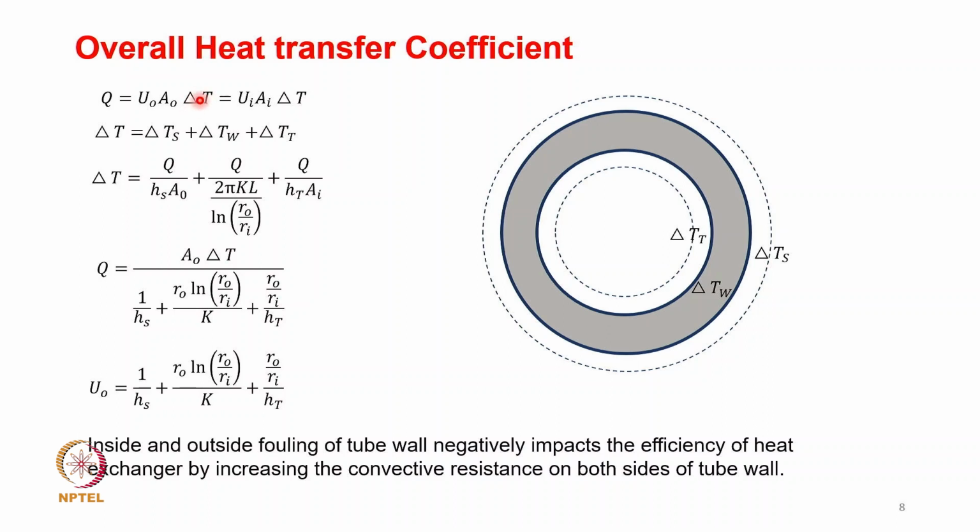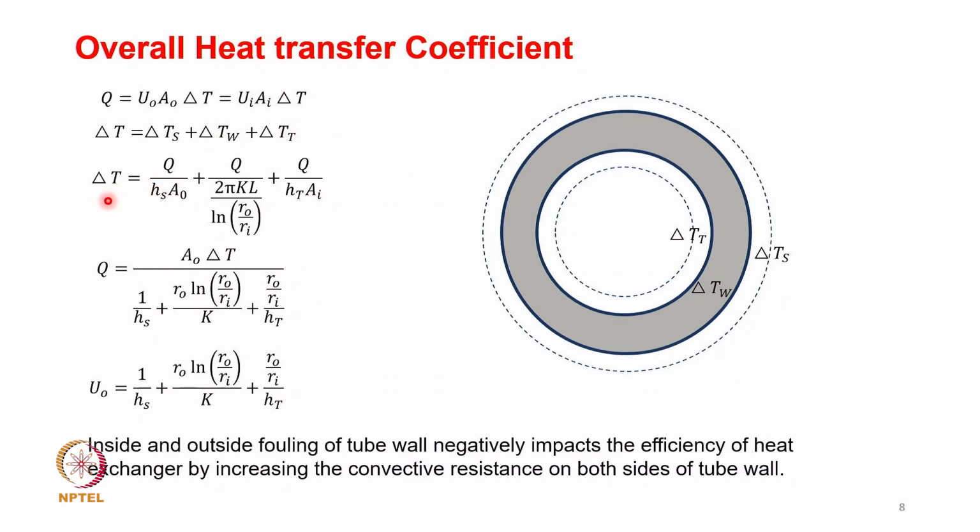Delta T here is a combination of three things: delta Ts, delta Tw, and delta Tt, which we defined previously, corresponding to the shell, the wall, and the tubes.